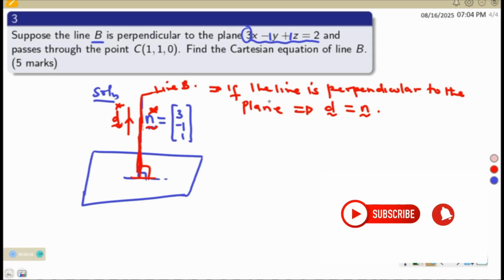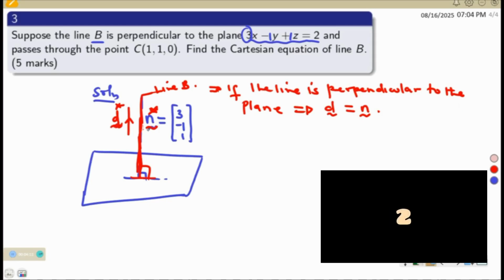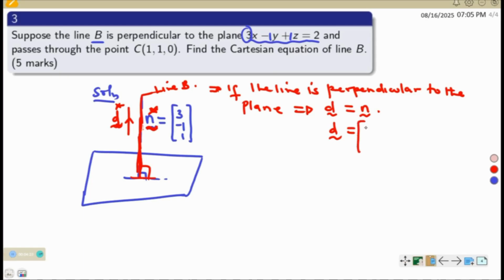So that is the conclusion we shall make if the line is perpendicular to the plane. Don't forget the direction vector of the line and the normal vector to the plane are actually equal. So for that case, we already know N, and for that we shall also get D. And D will also be same as 3, -1, and 1. So this is your D.